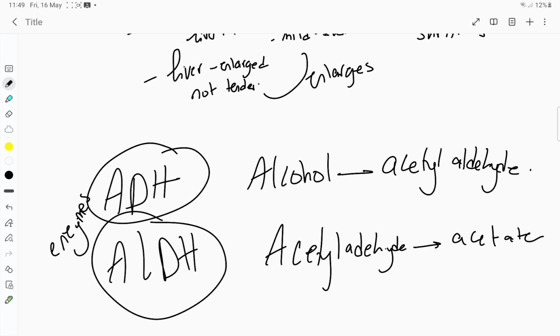Both of these reactions convert NAD plus to NADH.